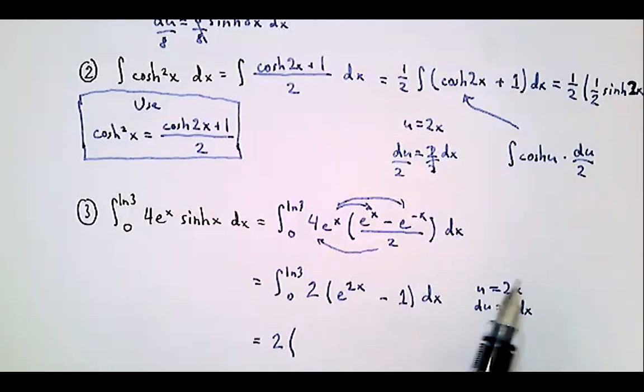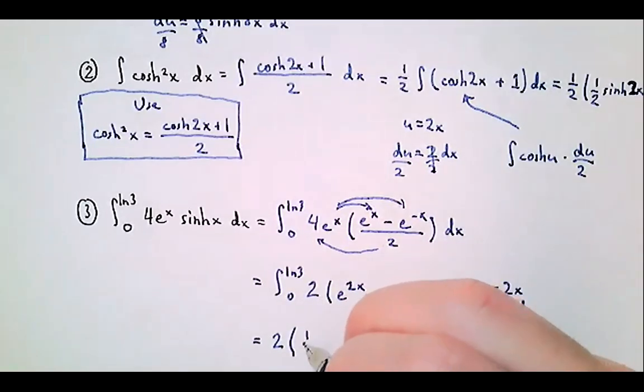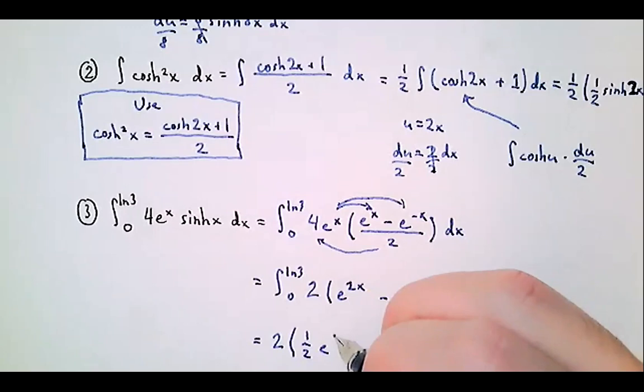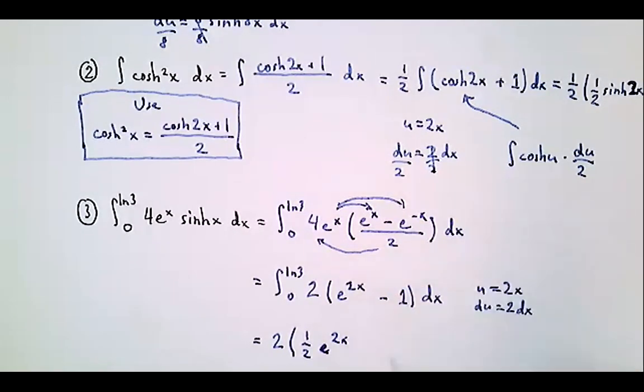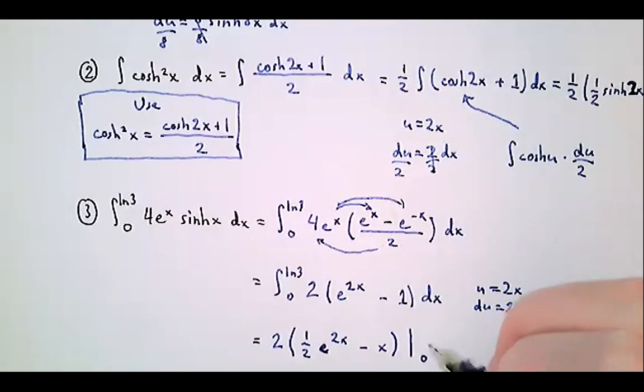But the crux of it is that we pick up a 1/2 when we integrate. And then we get a minus x from the 1. And we can rewrite our limits of integration over here on the right with our vertical slash notation.